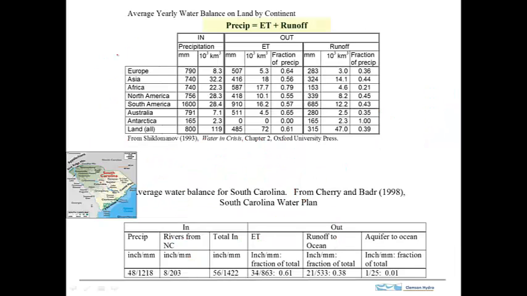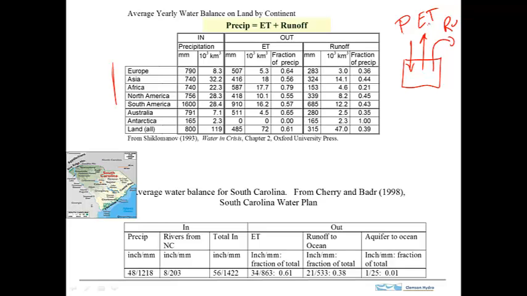So as an example, we can take a look at the volume balance or the water balance over a continent, and those data are shown up here. What we've done is draw the control volume around the continent, and the fluxes coming in are the precipitation, and coming out there's ET and there's runoff.